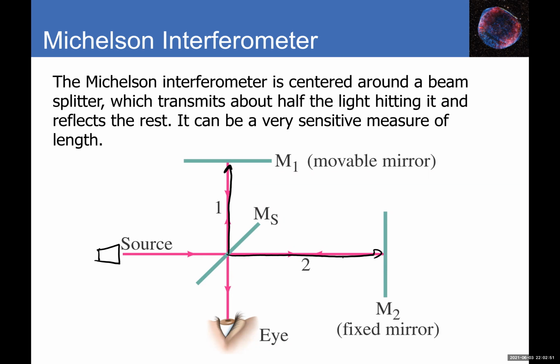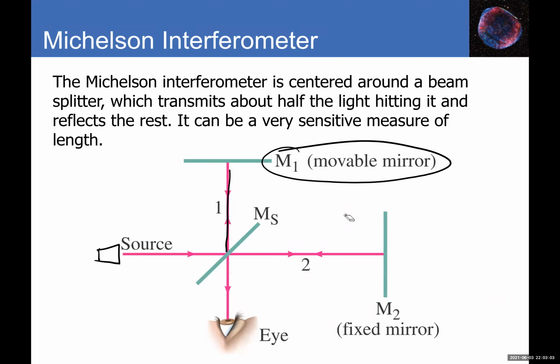Okay, that means the one that is reflected goes like this and hits a movable mirror. Okay, so then the light hits the mirror, and then reflects back. The same thing with the fixed mirror. It hits, and reflects back. And then those reflected lights will combine and move toward the observer.